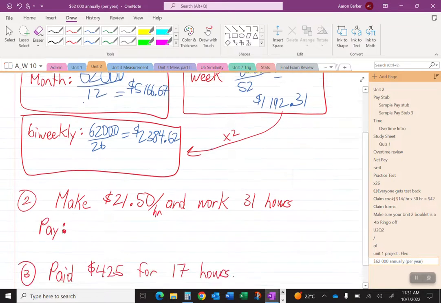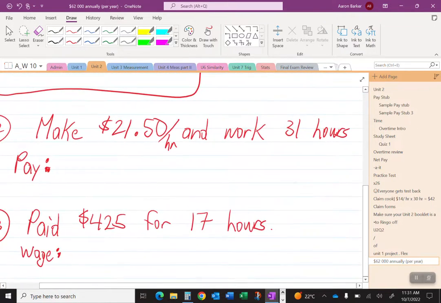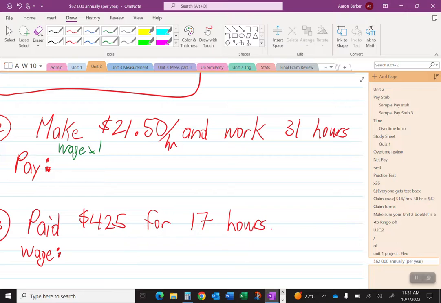Okay, next one. $21.50 and you work 31 hours, so your pay equals your wage times your hours. So it's going to be $21.50 each hour, that's your unit rate, times 31 hours.